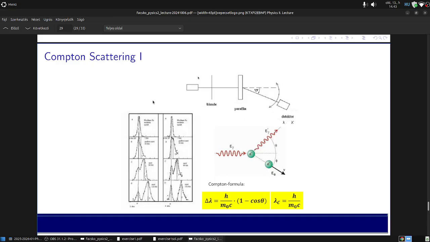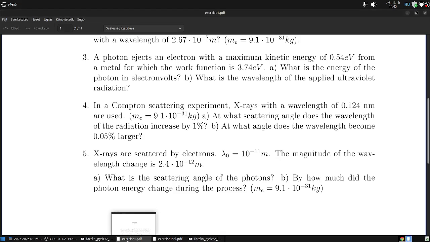Okay. It has lambda node wavelength. I mean lambda node, not zero node, sorry.